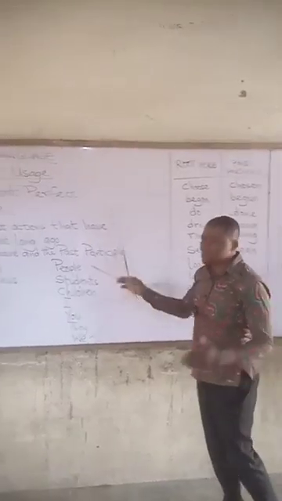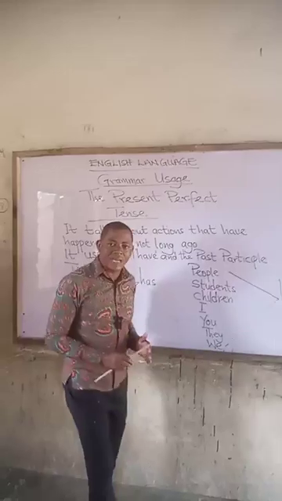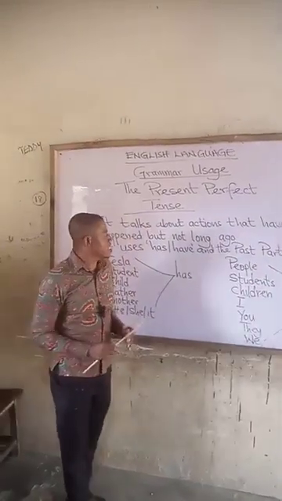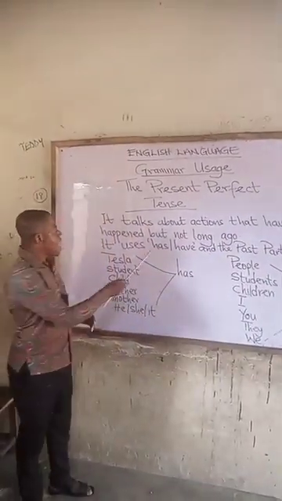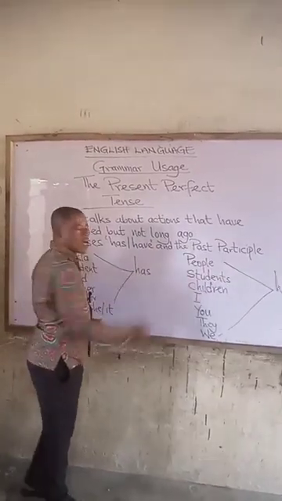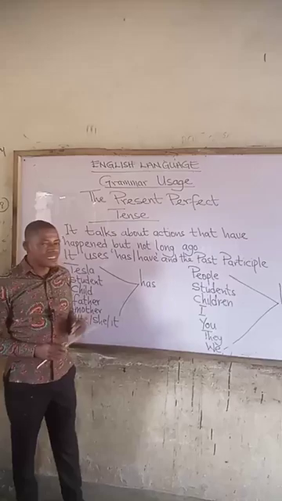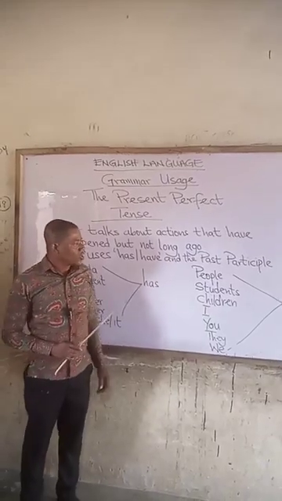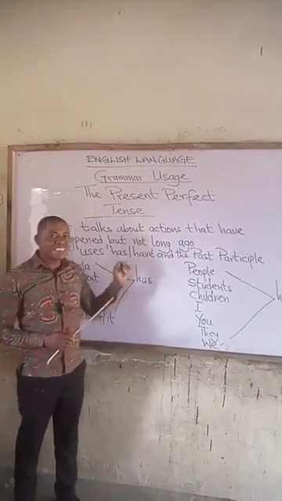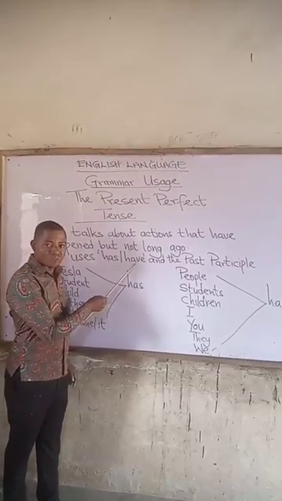Now, as I have explained earlier, anytime that you want to construct present perfect tense, you need has, have, and the past participle. Let me remind you, anytime that you are using present perfect tense, don't use past tense after has or have.